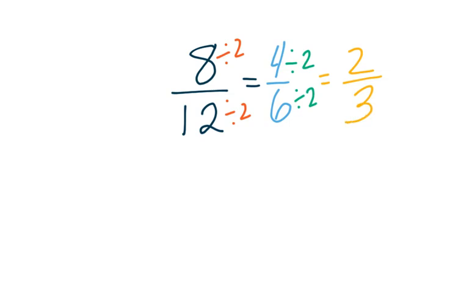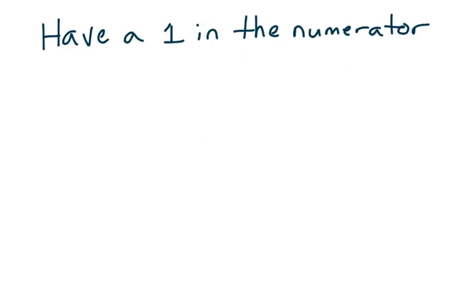Now, how do you know if your fractions are in the simplest form? Sometimes it's tricky to tell. Our fractions are always going to be in the simplest form if they have a 1 in the numerator. So a fraction like 1/4 or 1/10, those two fractions are in the simplest form. They have a 1 in the numerator.